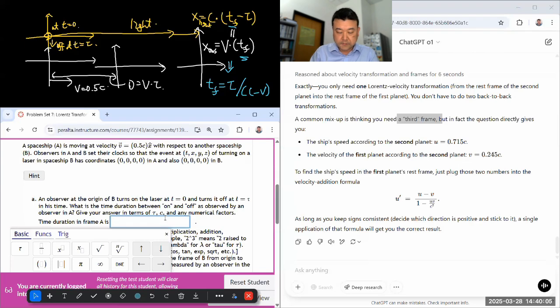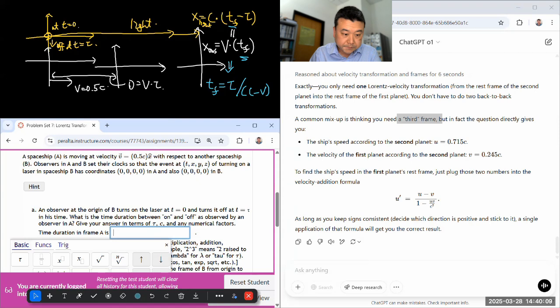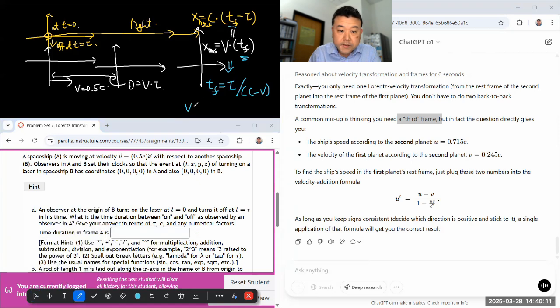I guess let me just finish writing down. So we know the numerical value of V. We know V is equal to 0.5 C. So plugging this in, I think it gives a T final of 2 tau, because c minus 0.5 c, or 2 tau divided by c. Or did I miss something?